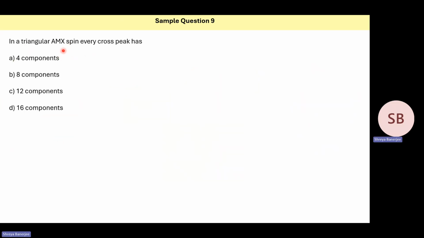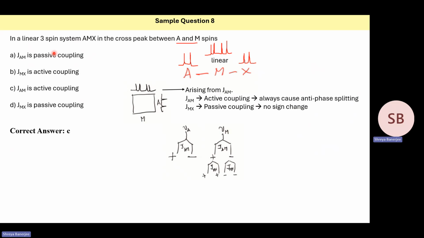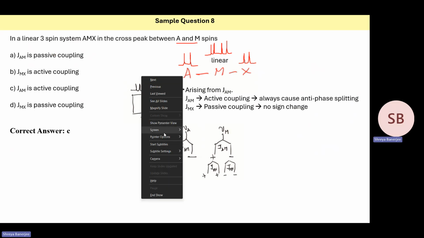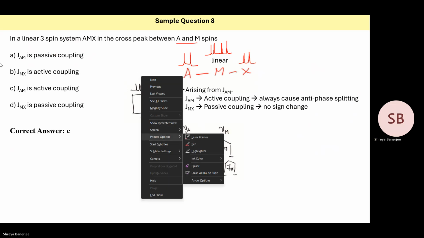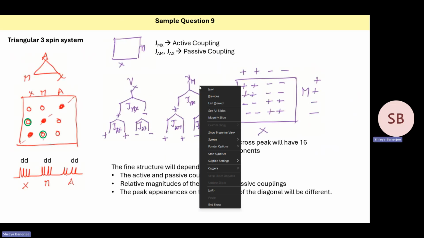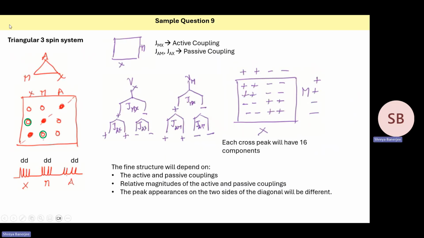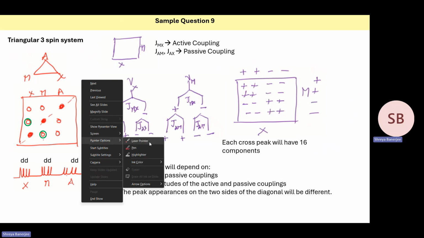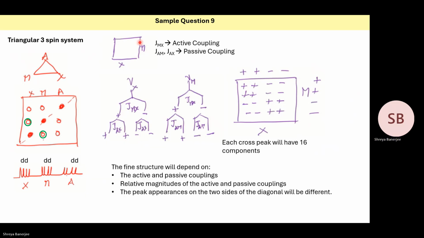Similarly, you have a similar question for a triangular AMX system, but here it is asking that each cross peak has how many components. In this case, if you remember, we studied this in the previous class. In a triangular system, you have doublet of doublet for all 3 spins.